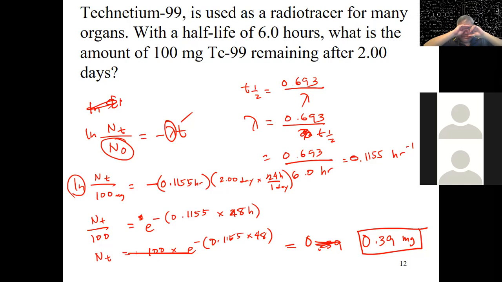Sir, yung half-life po na 6 hours, yung 0.693 po, constant po yan? Given yun. Itong 0.693 has something to do with ln 2 over the rate constant, T1/2.